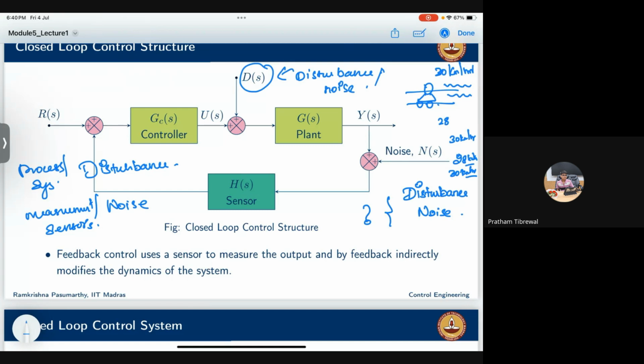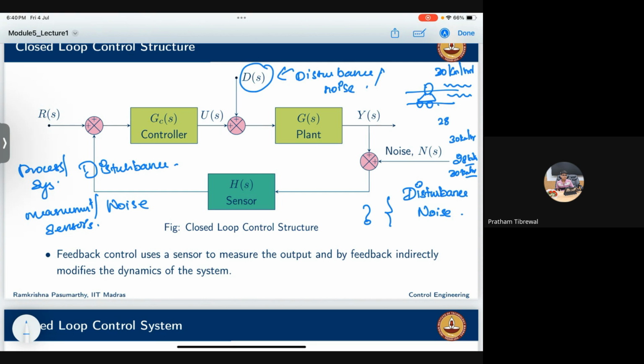But if you change the sensor, it should not change. If I change the sensor and it gives a different result, then I can say that is noise. It is present in the sensor, not in the process. So this is the basic difference between disturbance and noise.